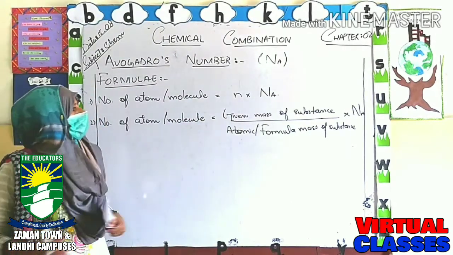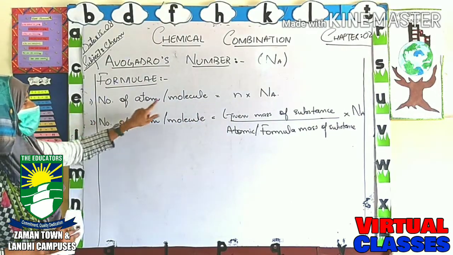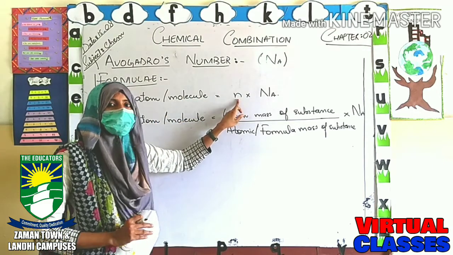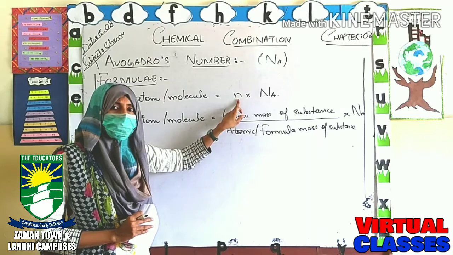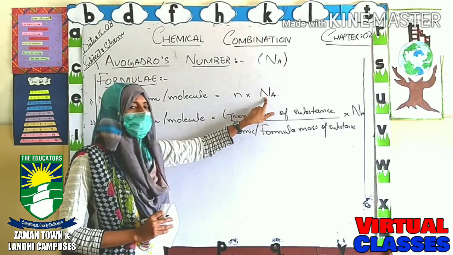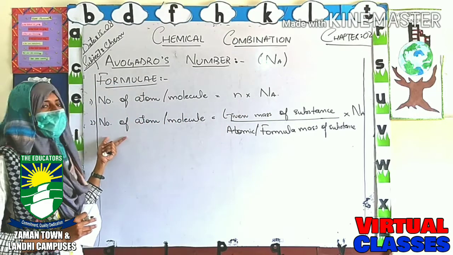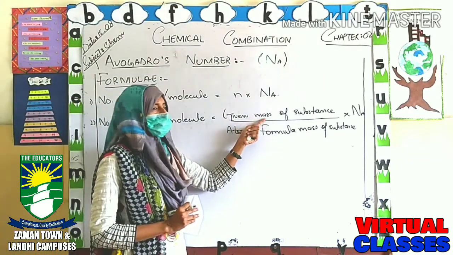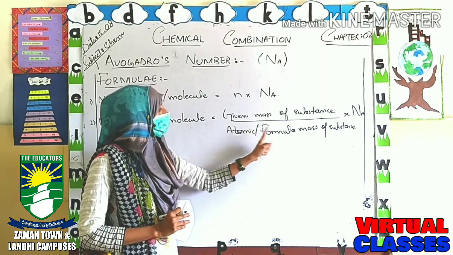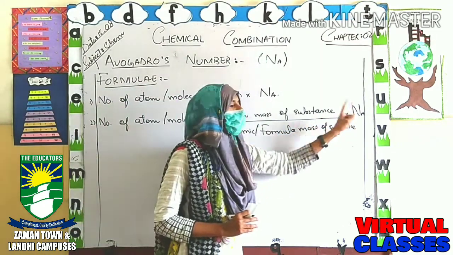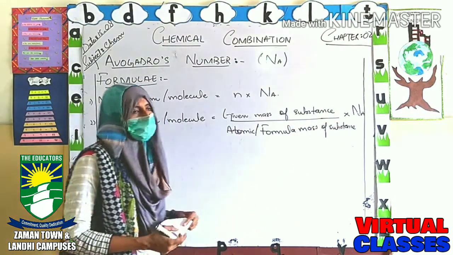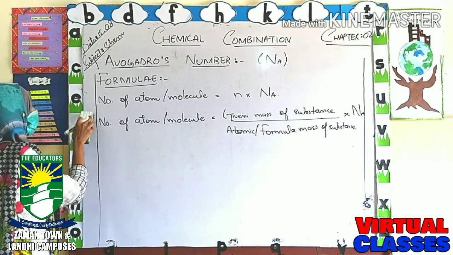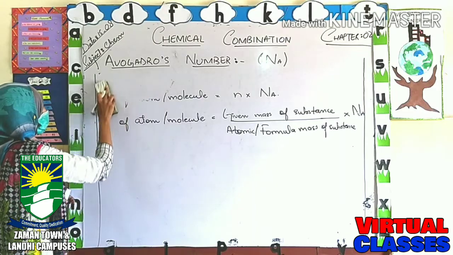So here are two formulas. Number of atoms or molecules is equal to n, where n represents the number of moles, multiplied by Avogadro number, that is Na. Next, number of atoms or molecules is given mass of substance divided by atomic mass or formula mass multiplied by Avogadro constant. Okay, now we will start numerical.